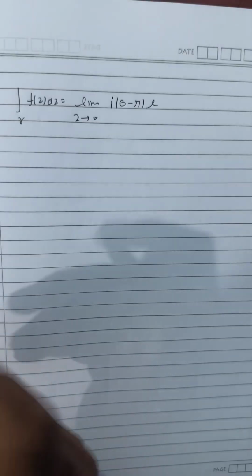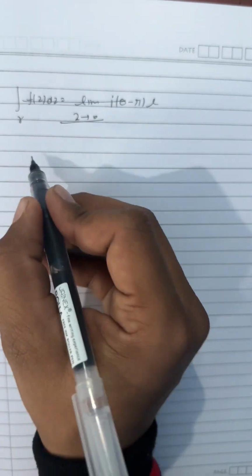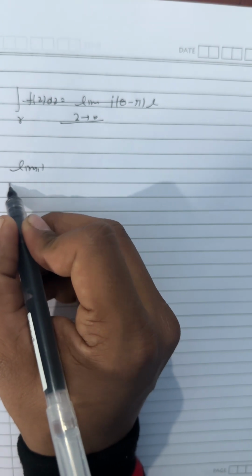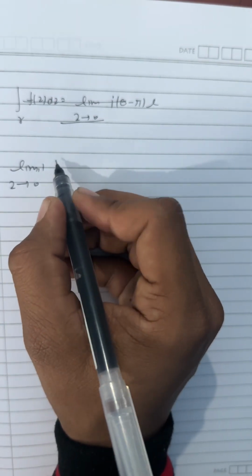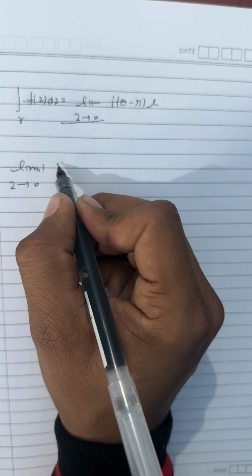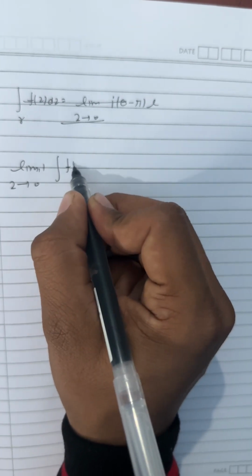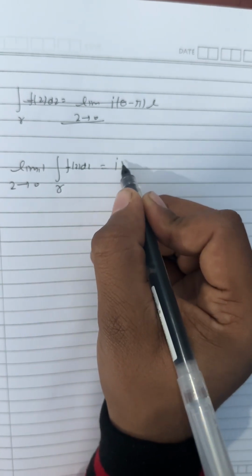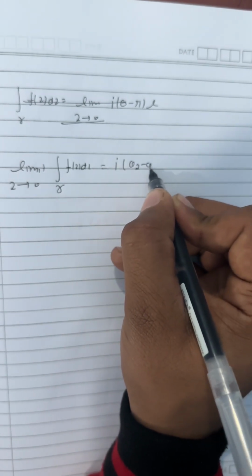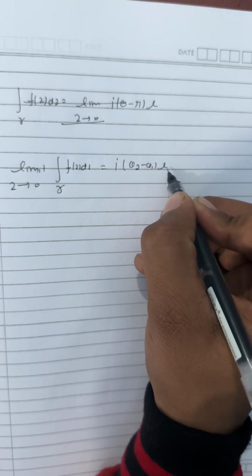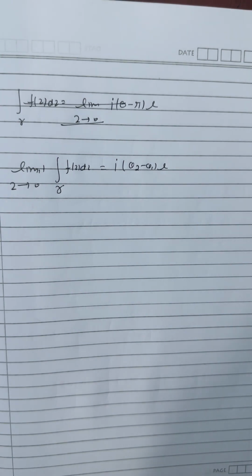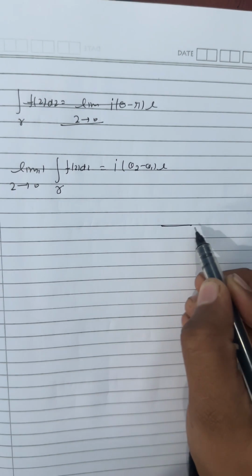Okay, the theorem is: limit z tending to 0, the integral of f of z dz under the small gamma is equal to iota times theta 2 minus theta 1, times the value of that limit we have calculated earlier. So what is theta 2 and theta 1 here? Our contour is looking like this.